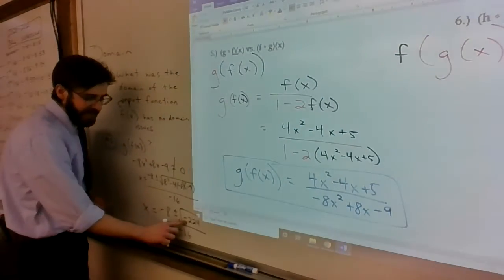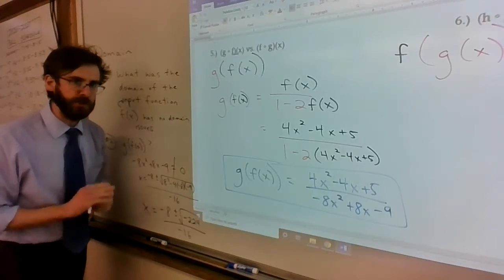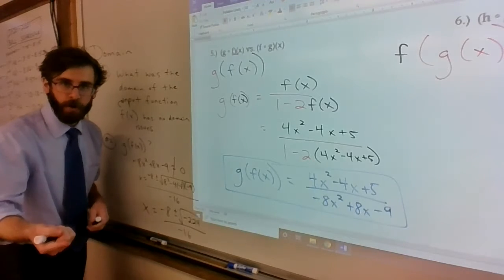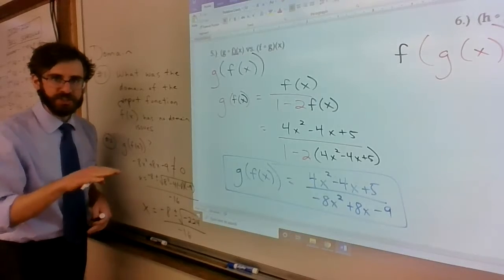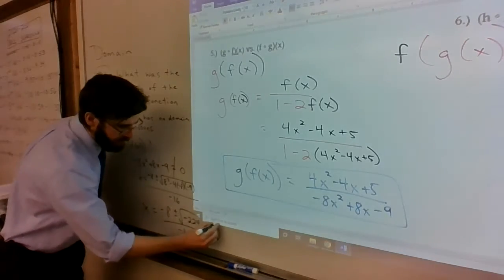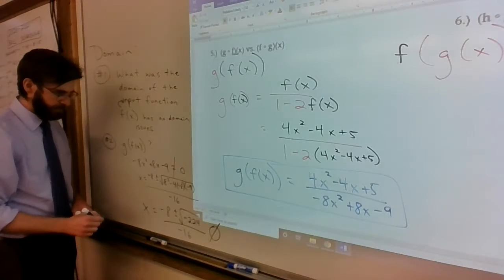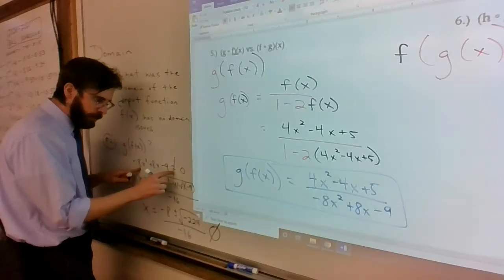So that negative completely eliminates any real solutions that we might have. There are no real solutions. There are some imaginary ones, but we're not concerned with imaginary solutions in this chapter. So there's no solution to the equation equaling 0. So where does this equal 0?